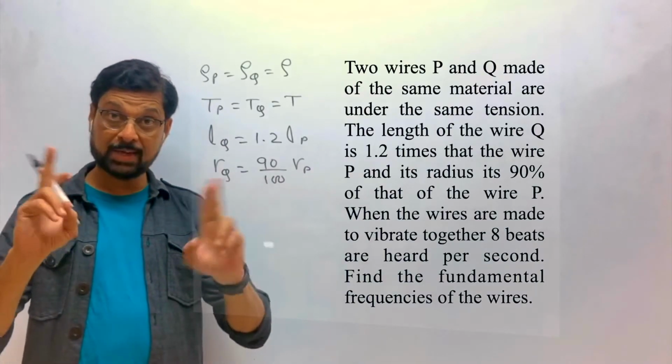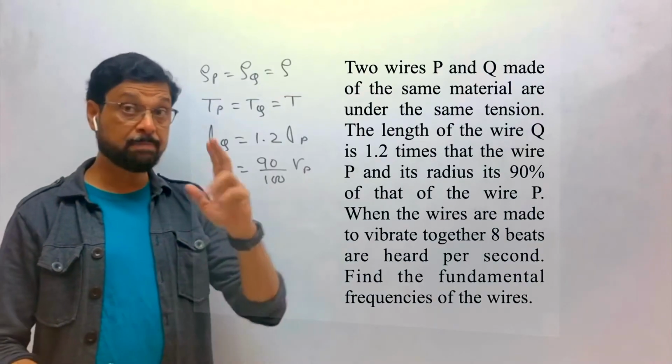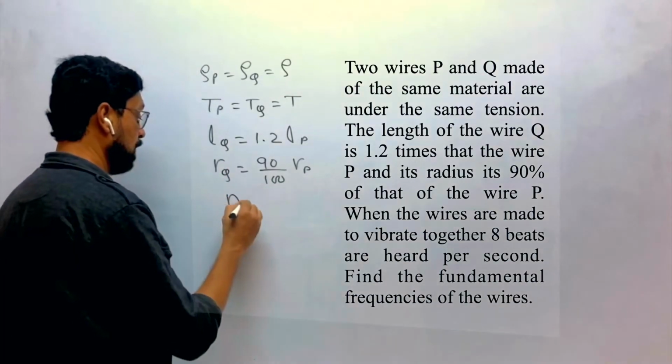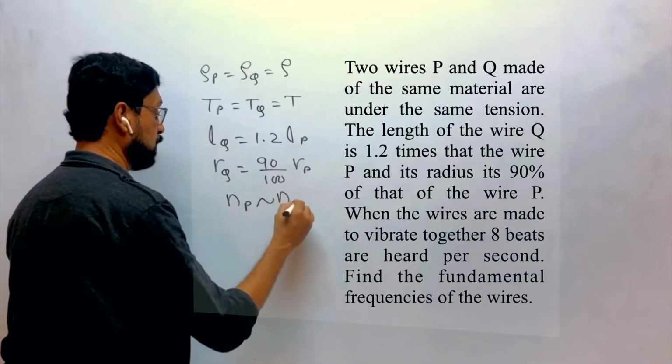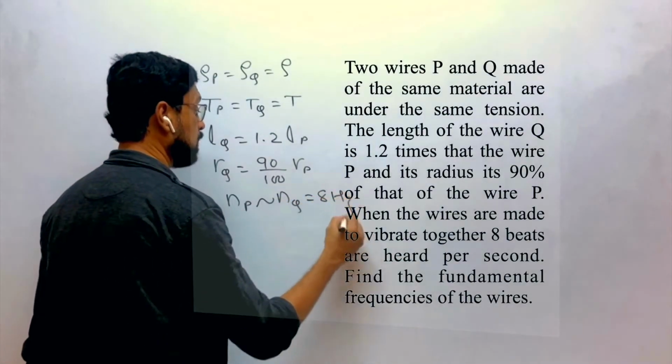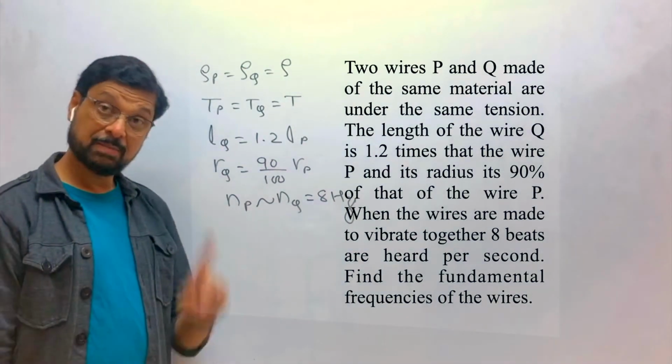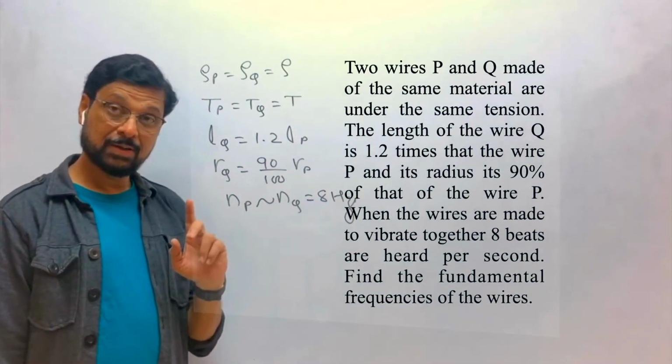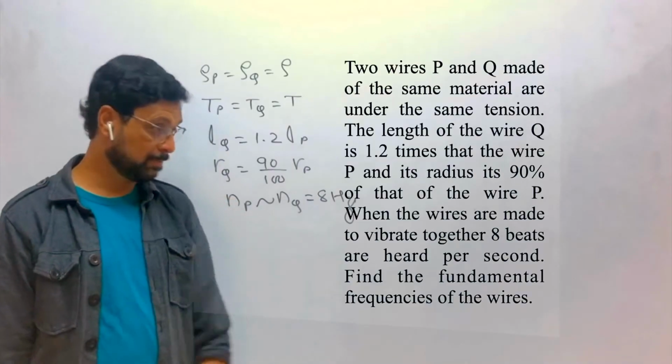So NP minus NQ or NQ minus NP is equal to 8 hertz. Previous chapter, phenomenon of beats.